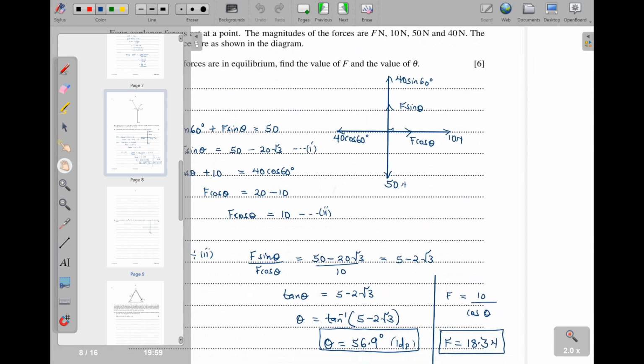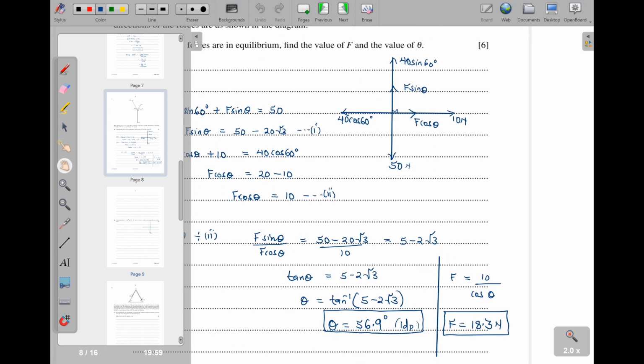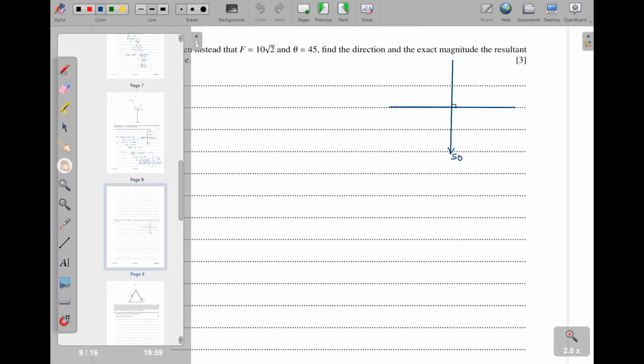We had F cos theta, then the 10. Okay, F cos theta, but they have said that theta is 45. So we have 10 here, and here we shall have F, which is 10 root 2 cos theta, so we shall put cos of 45.